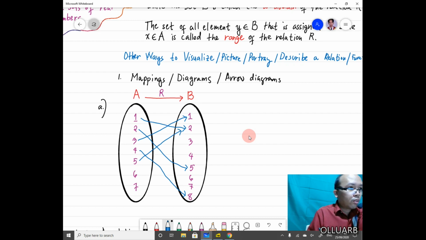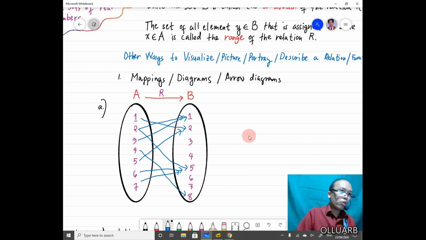Judge number 6 chooses number 5. And judge number 7 chooses number 5. So all of the elements here, each element, you must assign it.